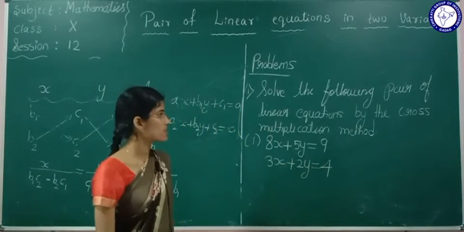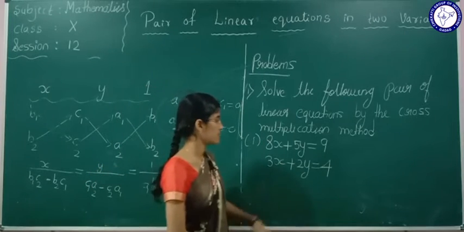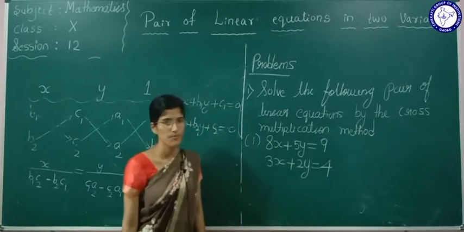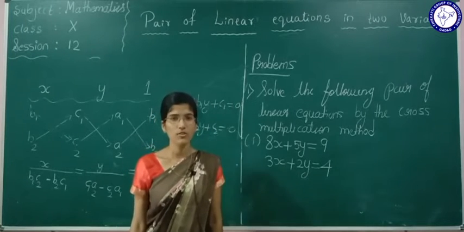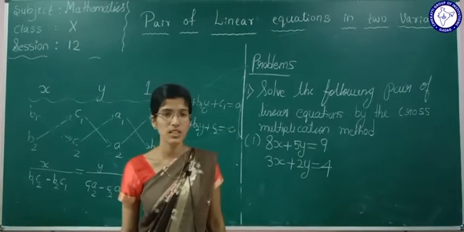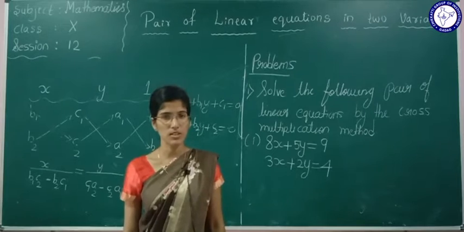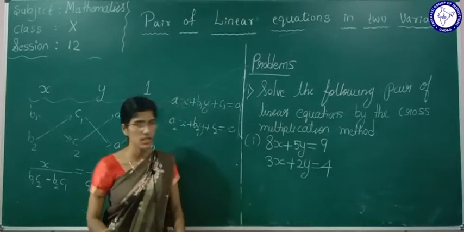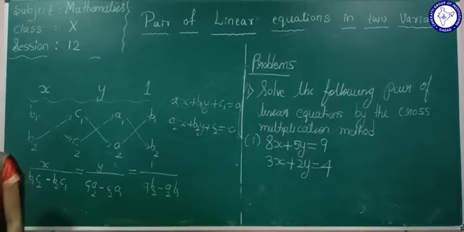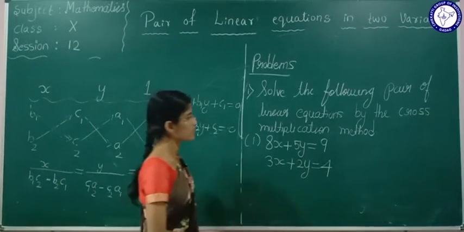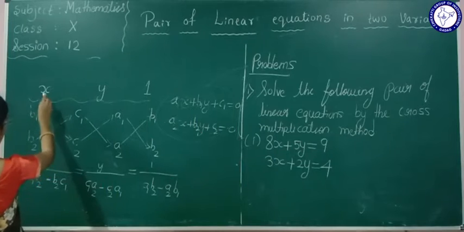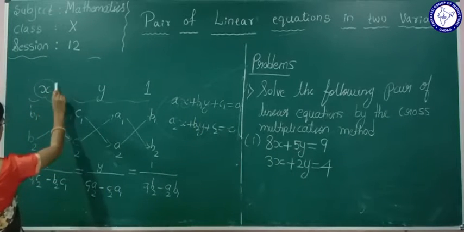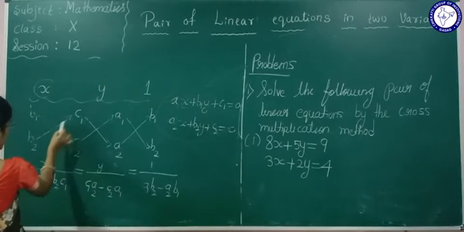By using the cross multiplication method, we have to find the solution of these equations. Now we know how to find the solution by using the cross multiplication method. Yes or no? Now just think, why is the name cross multiplication? Students, we are getting the solution, and we did multiplication, no?